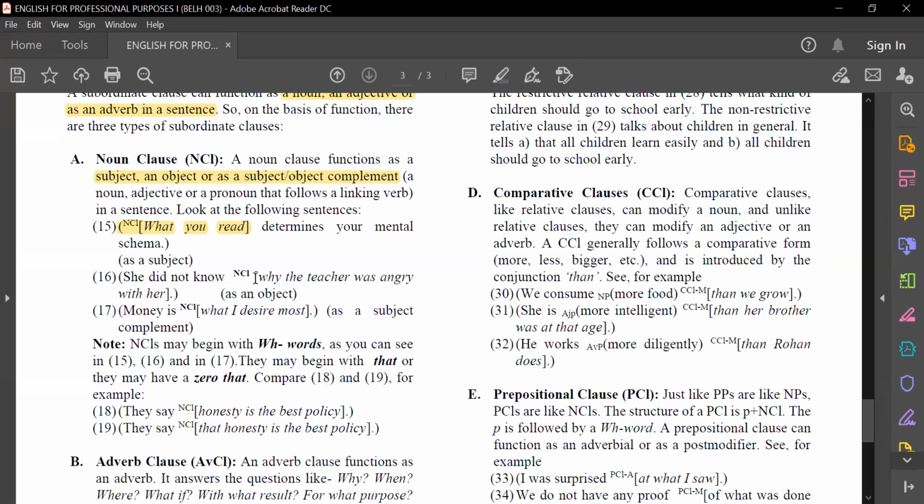So she did not know what, basically, that's the question. She did not know why the teacher was angry with her. So this whole chunk of clause can be understood as a noun clause. Are you following me, everyone?